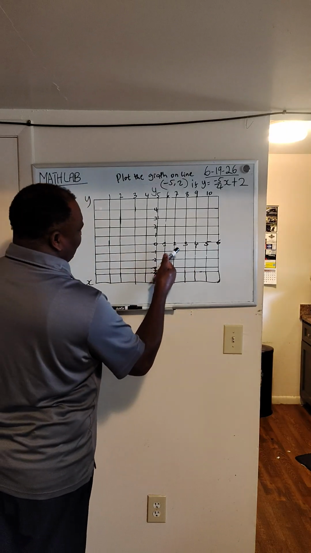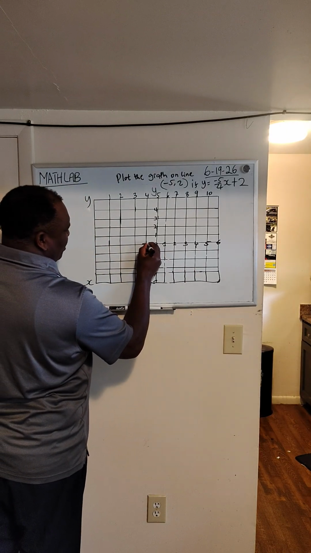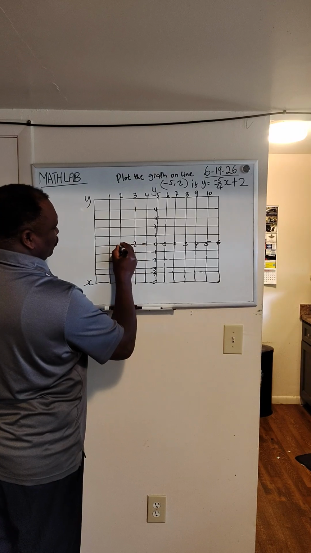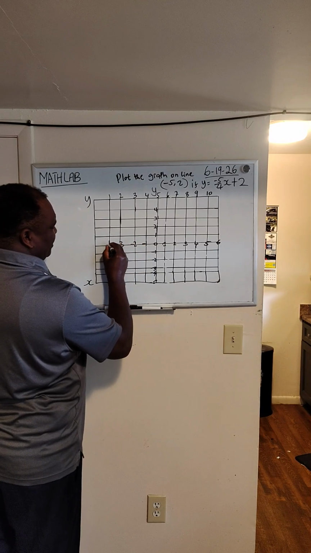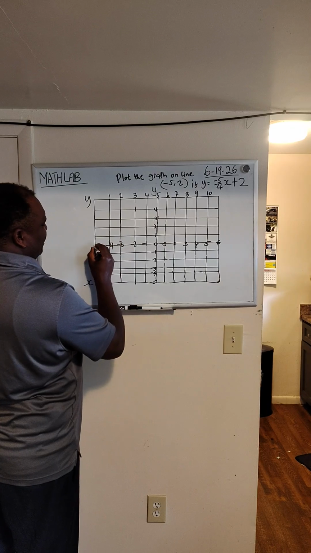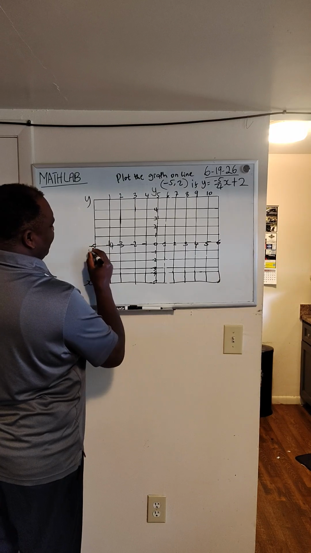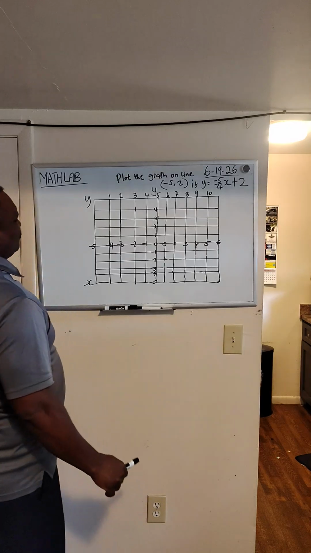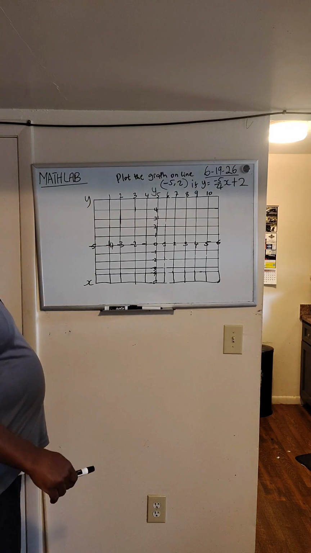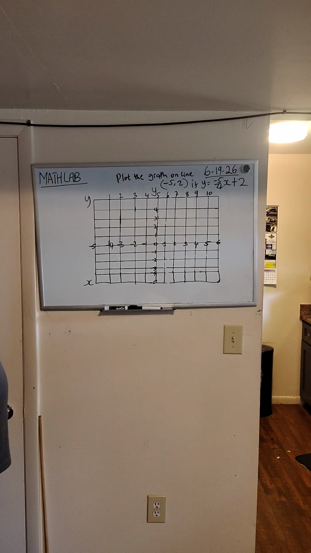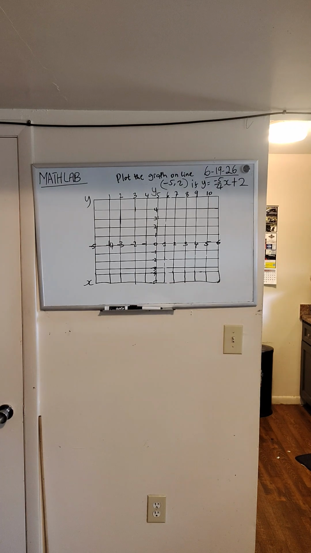Going left would be negative 1, negative 2, negative 3, negative 4, and right here would be our negative 5. So now it looks like our graph is properly numbered. So now we need to identify.